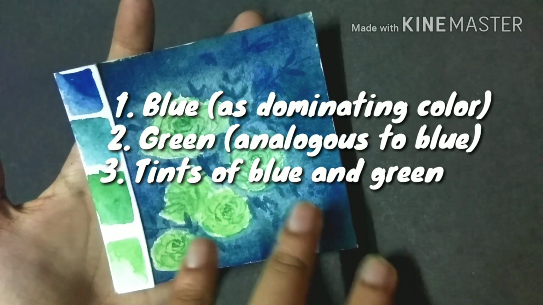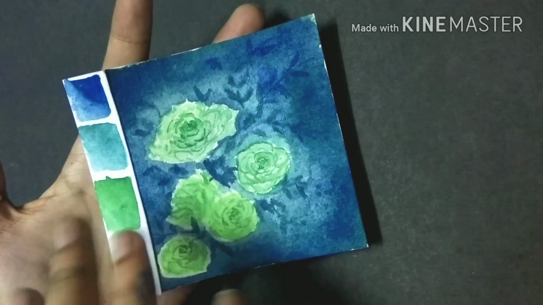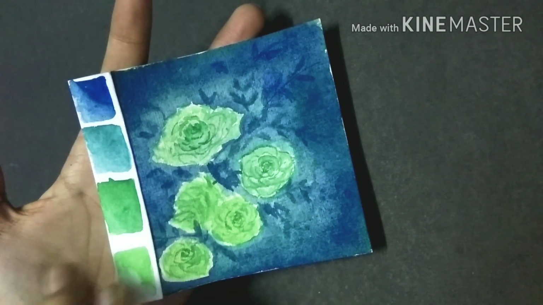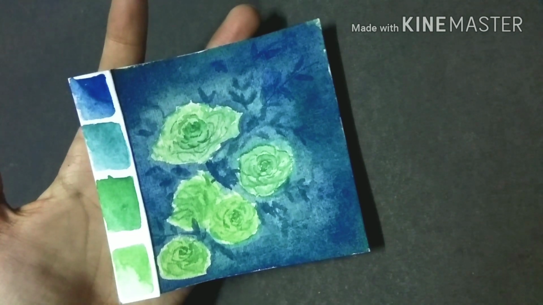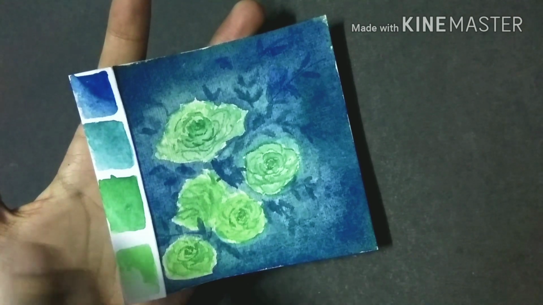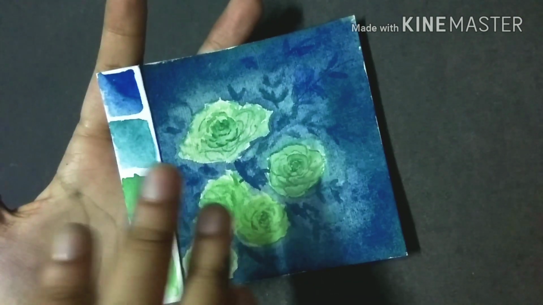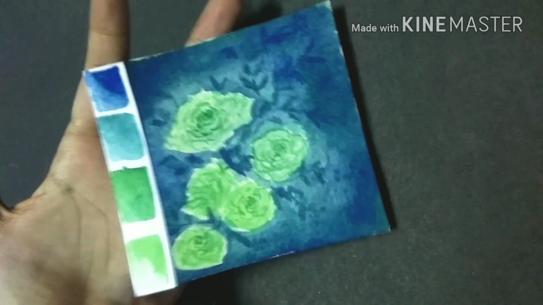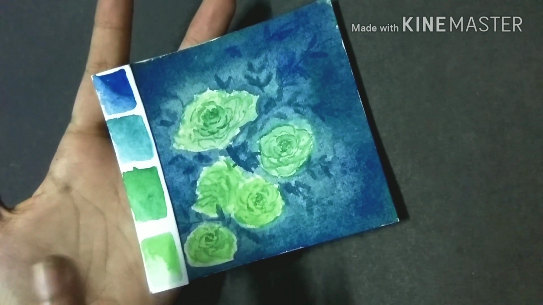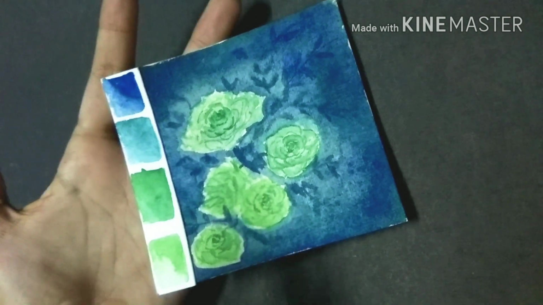And then I have used the tint of blue and the tint of green as well. In this picture, I don't think it is good to explain a painting too much, because that spoils the aesthetic. It's all about your eyes to decide. So in short, the analogous scheme also has a very soft and rhythmic feeling.